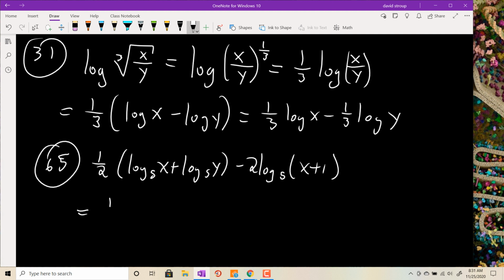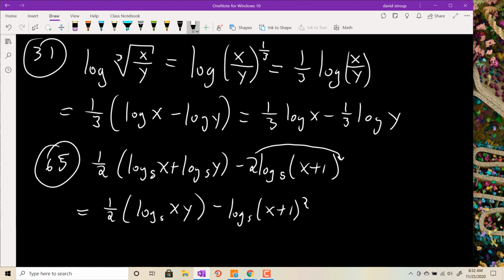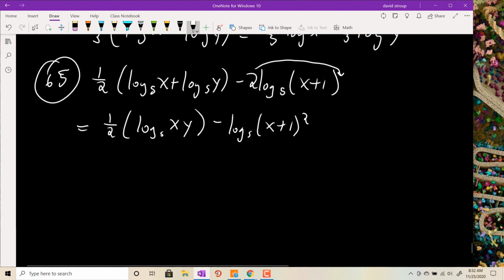Okay, so first I'm going to condense inside the parentheses, so I get log base 5 of x times y. Here, if you wish, you could bring the 2 inside the log. So this would be log base 5 of x plus 1 squared. Then you could bring the 1/2 inside this log, so you would have log base 5, and be sure to apply the 1/2 power to both the x and the y.